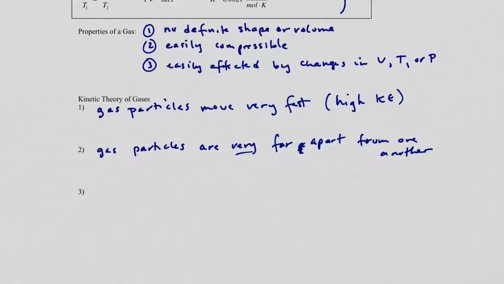But in a gas, the particles are very far apart. The distance between particles is huge compared to the actual volume of the particles themselves, so the volume of the actual space that the particles take up is essentially nothing because the distance between the particles is just so great.